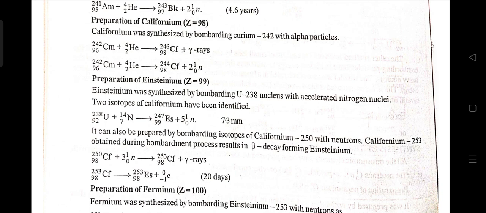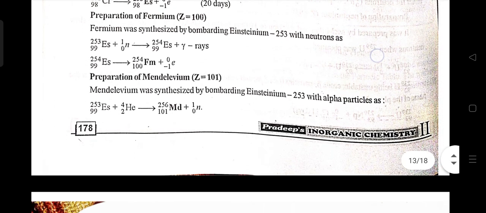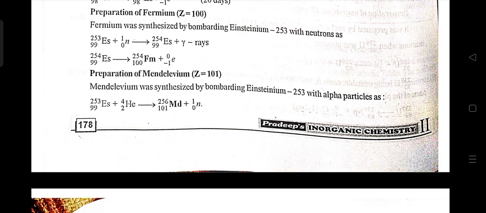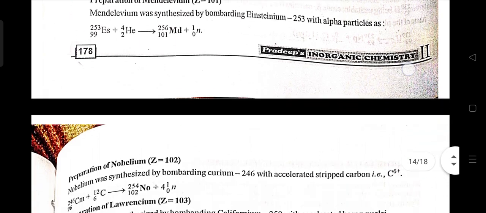Preparation of einsteinium. It was synthesized by bombarding the U-238 nucleus with accelerated nitrogen nuclei. Preparation of fermium. Fermium was synthesized by bombarding einsteinium with neutrons, and mendelevium was synthesized by bombarding einsteinium with alpha particles.